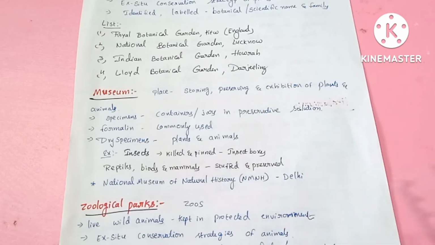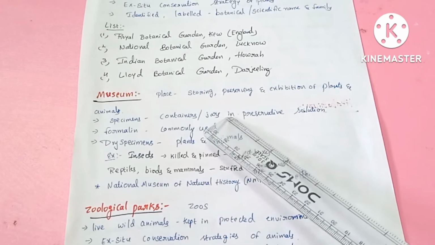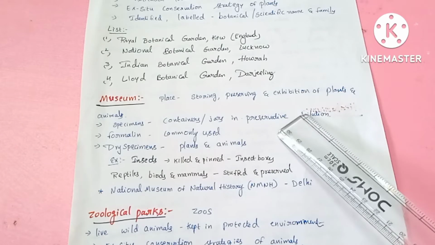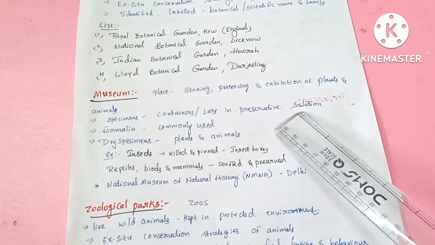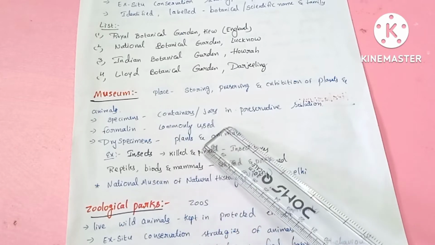Here, the specimen may be a plant or animal. The specimens are placed in glass jars or containers, and inside that container it is filled with preservative liquid. The commonly used preservative solution is formalin or formaldehyde.